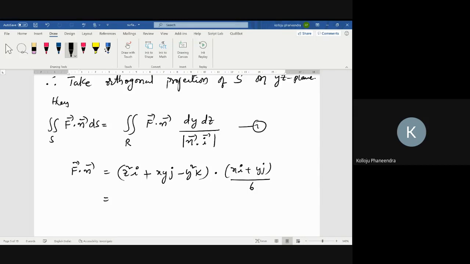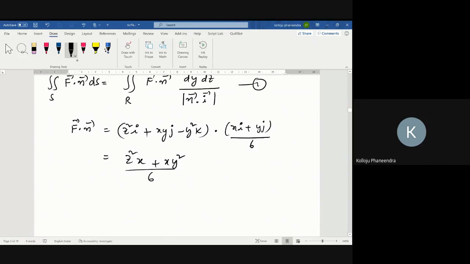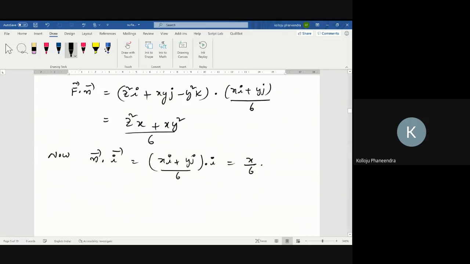This becomes (z square x plus x y square)/6. Then n bar dot i bar is (xi plus yj)/6 dot i bar, which is nothing but x by 6.